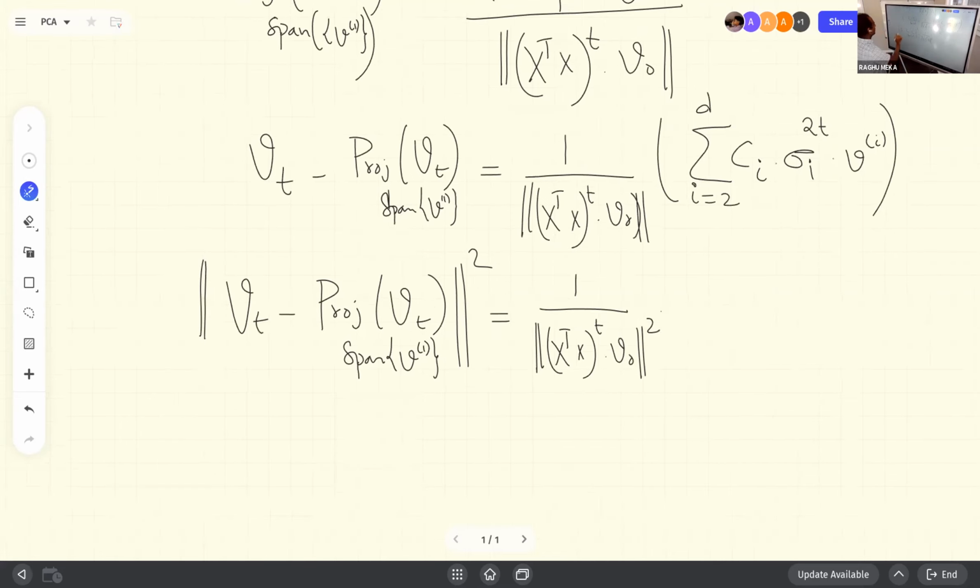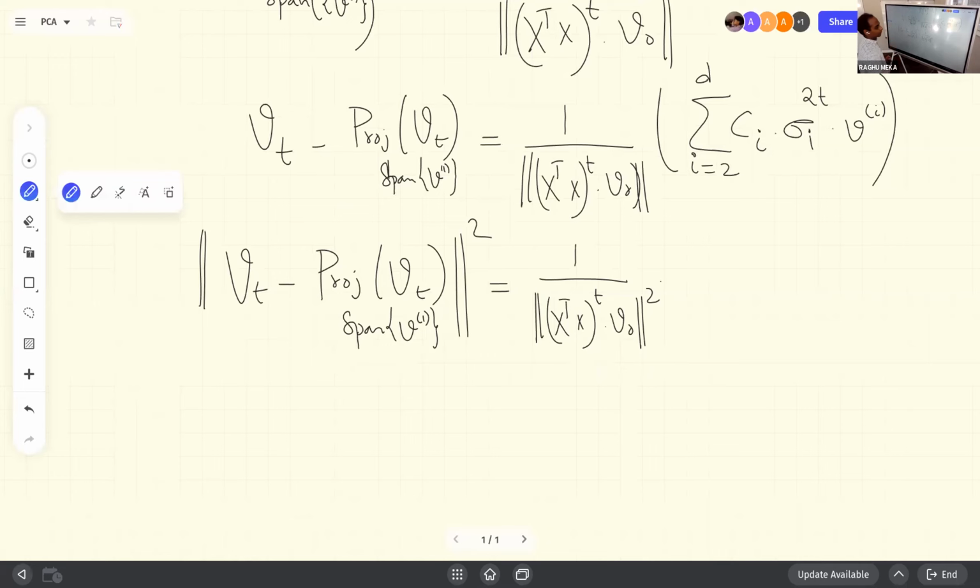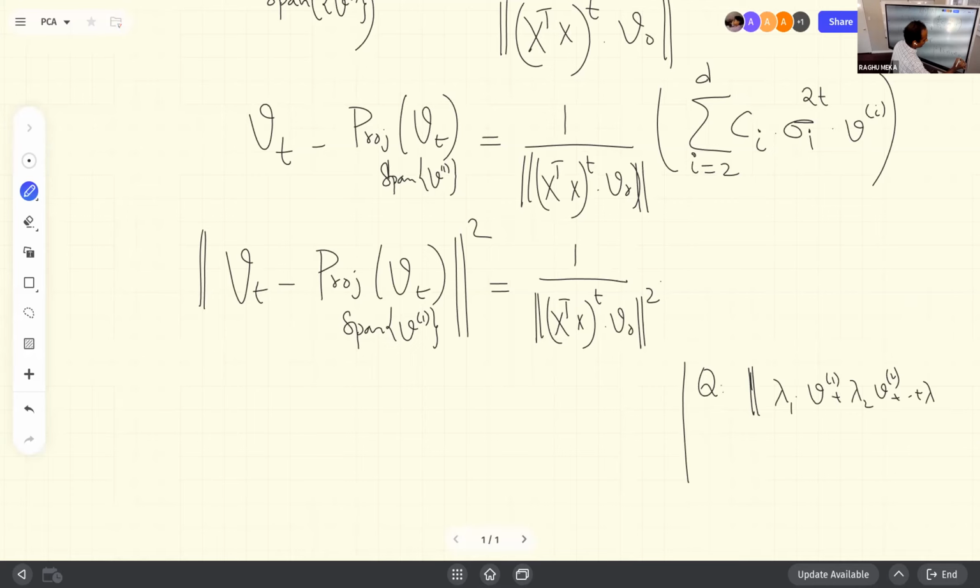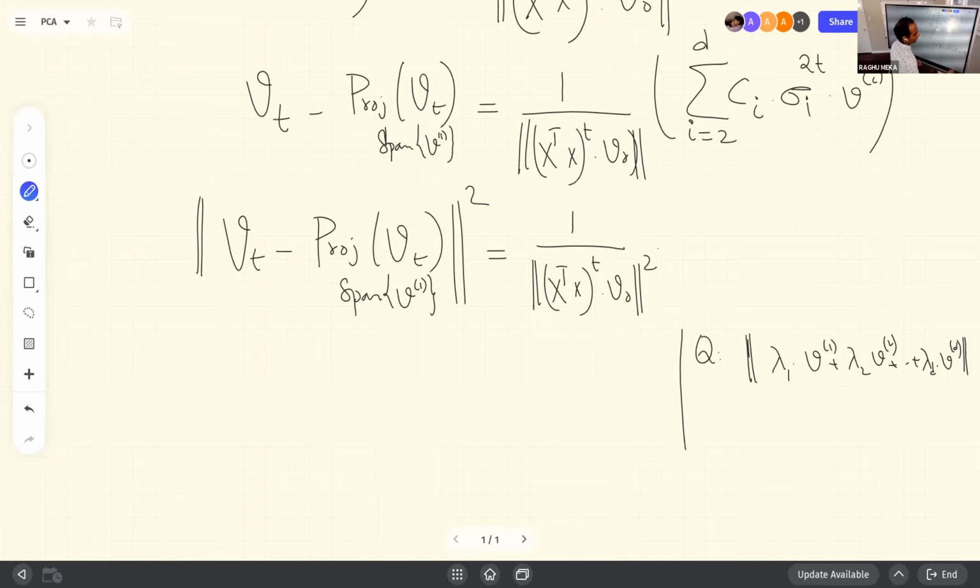Okay, so let me ask a question. What's the length of, let's say, lambda_1 times v1 plus lambda_2 times v2 plus and so on? If the v_i's are orthonormal, what's the length of a vector which is a linear combination of these orthonormal vectors?